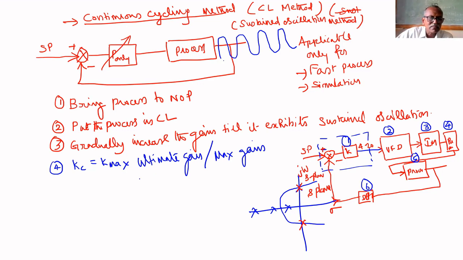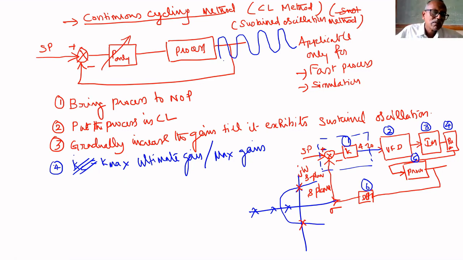It is not Kc, it is K max, because the present value of Kc gives sustained oscillation. We got the ultimate gain.